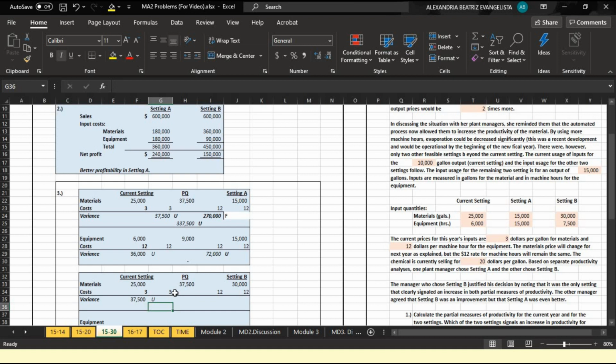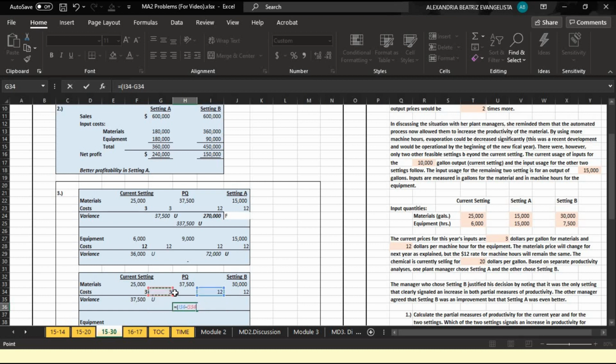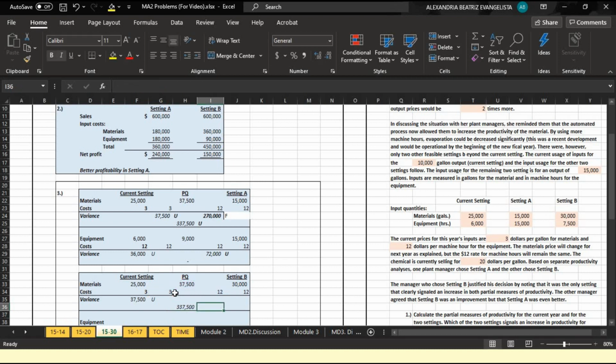And then for the variance that corresponds to price recovery, we're going to get the difference between $12 and $3 multiplied by the PQ quantity, and that would give us 337,500. Again, this is unfavorable.